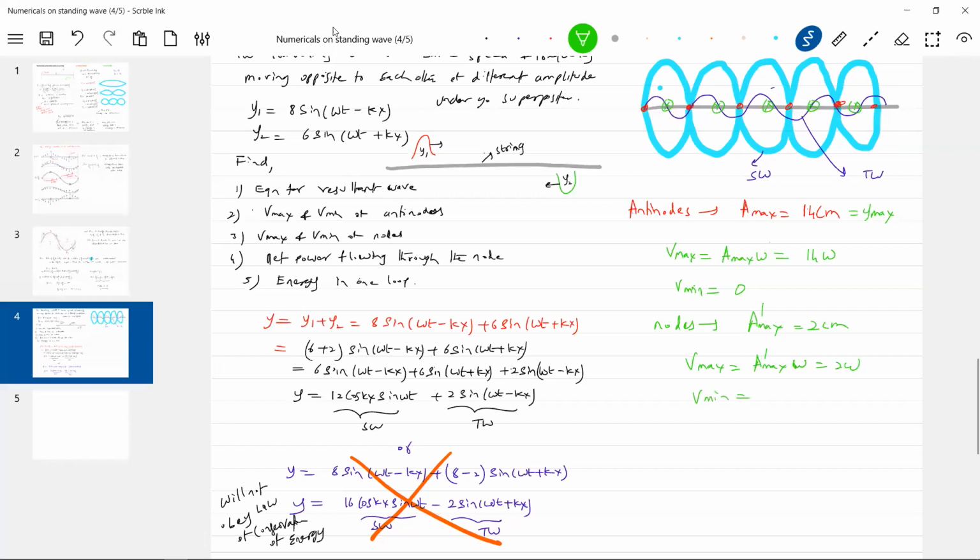Minimum velocity of node will be 0 because when the nodes are vibrating, when they're at the extreme point, they'll be at rest. So what about nodes? Nodes are points on a string which should be at rest all the time, maybe if two waves of same amplitude undergo superposition, yes, it can happen. When two waves of different amplitude undergo superposition, then the nodes also will vibrate. So because of traveling wave, the nodes also will vibrate. So what is the reason? We'll write it.